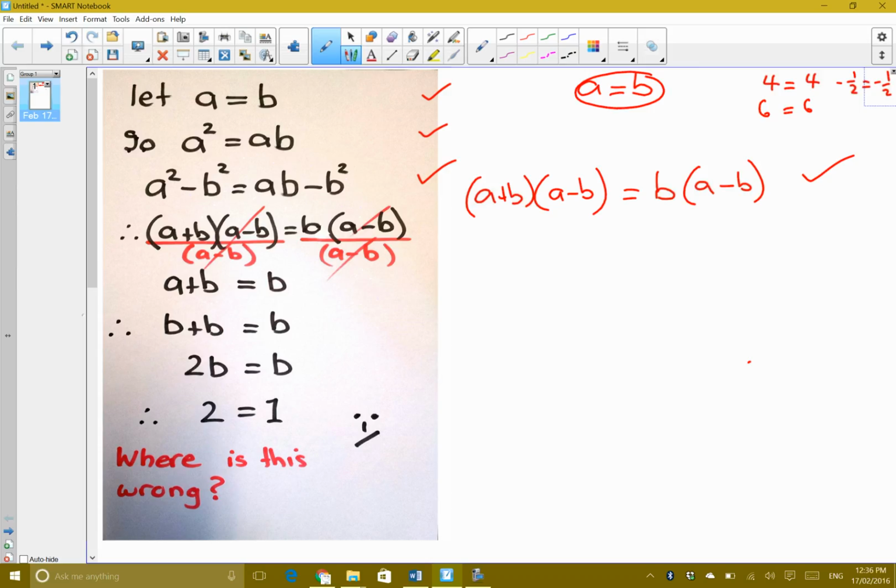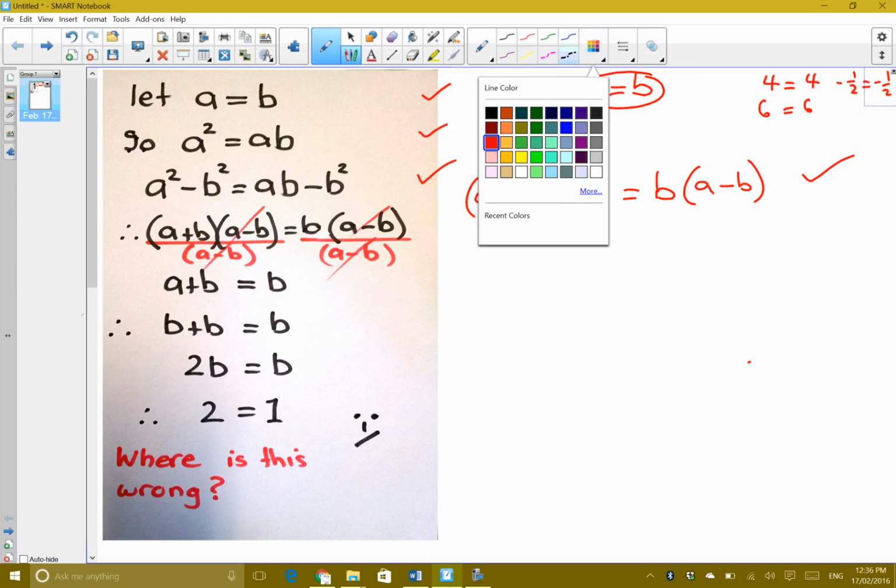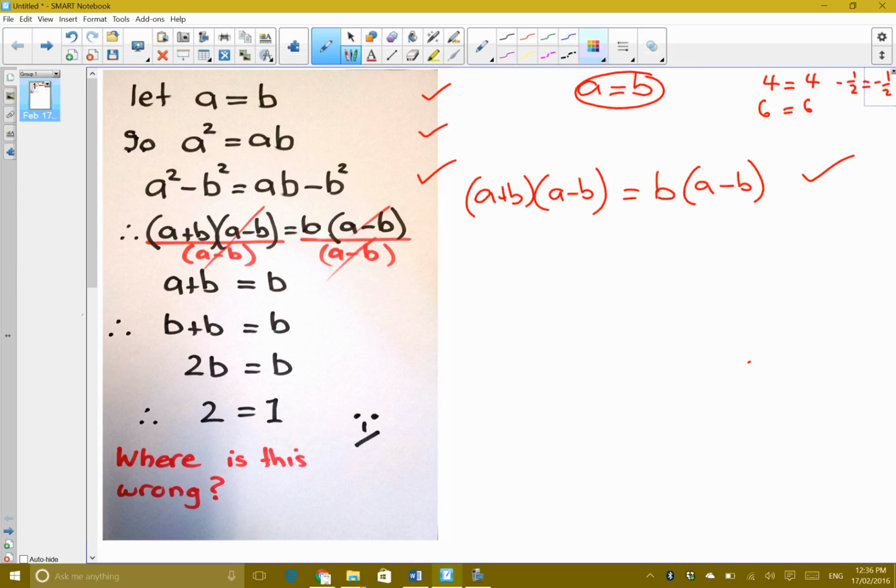We've defined a and b as being the same number. So here, to simplify this, when we said, well, I can divide by (a minus b) and divide by (a minus b), it appears that we're simplifying things down to finally get to our final answer.